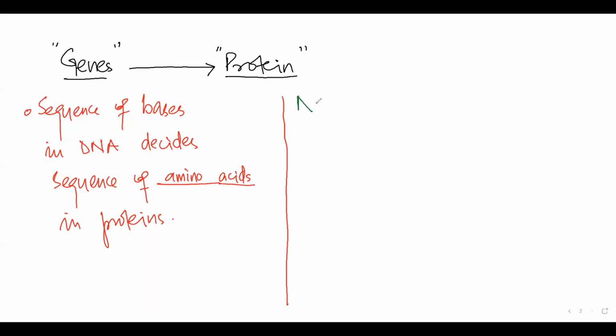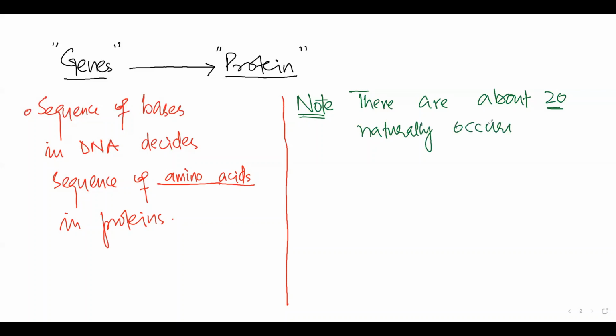So I write a very important note here that there are about 20 naturally occurring amino acids. Children, how many amino acids in total? 23, sir. Sir, if there are 20 amino acids, how many sequences can be made? Millions of proteins can be made. Yes.